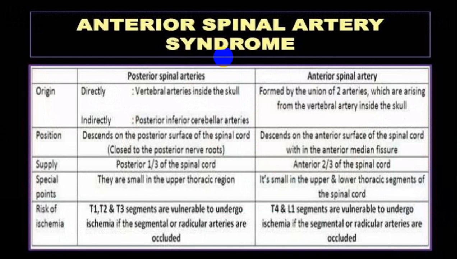In anterior spinal artery syndrome, the anterior two-thirds is involved, meaning anterior horn cells, lateral spinothalamic, corticospinal tracts, etc. may be involved.